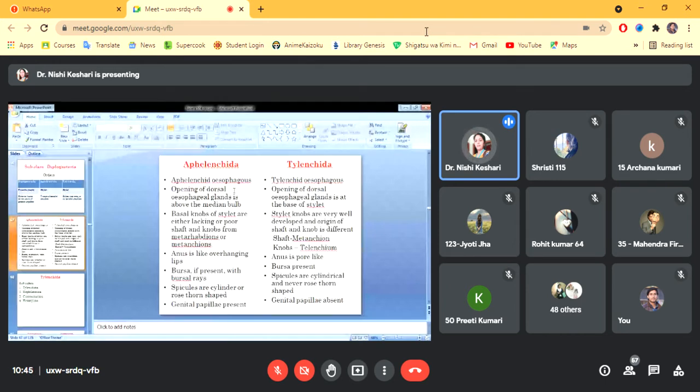So what is the difference between Aphelenchida and Tylenchida? I could not show you the figures, but just imagine that both have a tripartite esophagus. Tripartite means procorpus, metacorpus, and basal bulb. So these have an aphelenchid esophagus and these have a tylenchid esophagus.